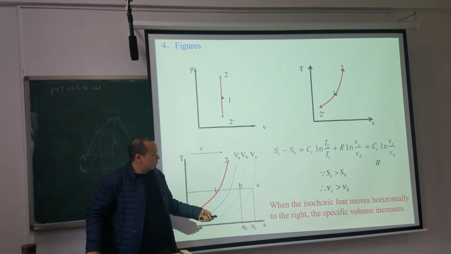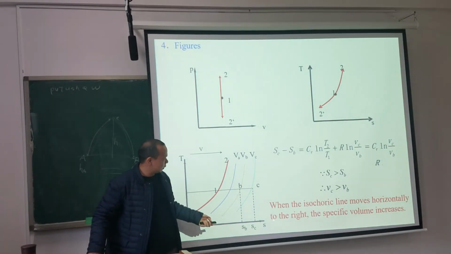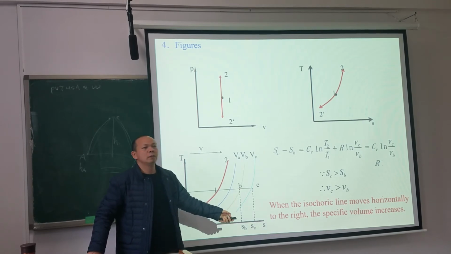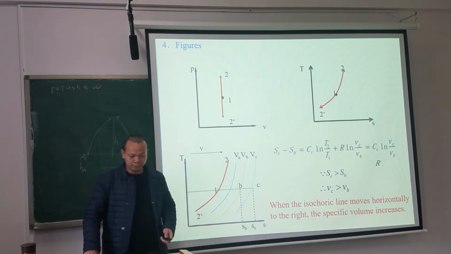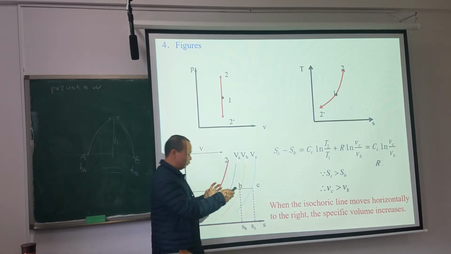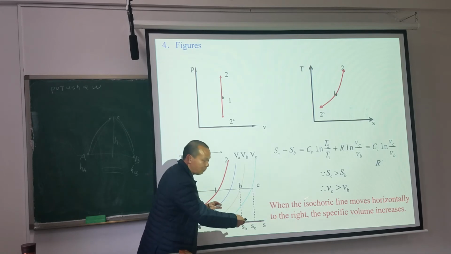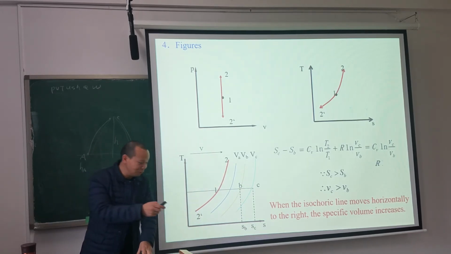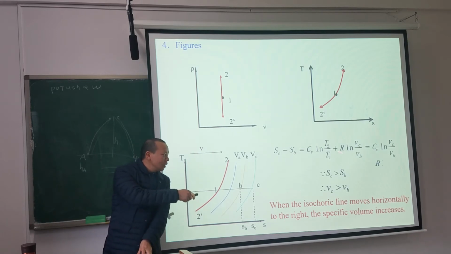When the isochoric line moves horizontally to the right, the specific volume increases. If we don't want to prove it, you can remember it. It's okay, I think. But I hope you can try to prove this.